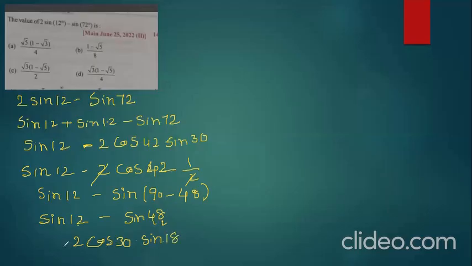But you are getting a minus here. So minus 2 cos 30 is sine 60, that is root 3 by 2, into sine 18, which is root 5 minus 1 by 4.